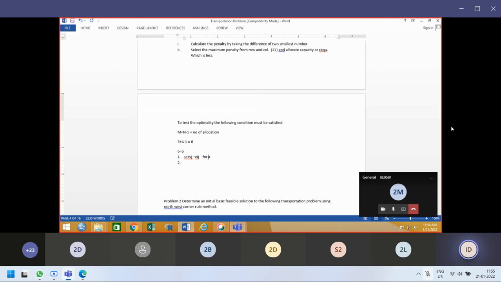It is called for allocated cells. Sometimes in the MCQ question paper they may ask what is the formula to calculate the modified solution for allocated cells.